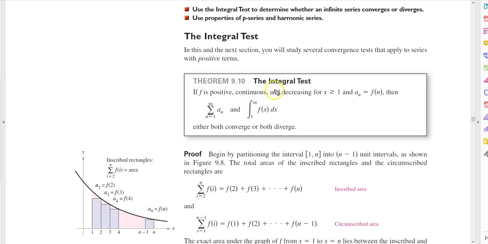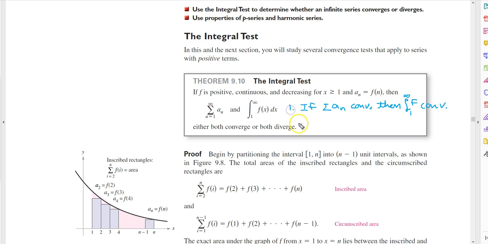Now notice the integral test makes a statement that the infinite series and the integral either both converge or they both diverge. Now that is the same as saying this. That's the same as saying if the series converges or exists, then the integral will exist or converge.